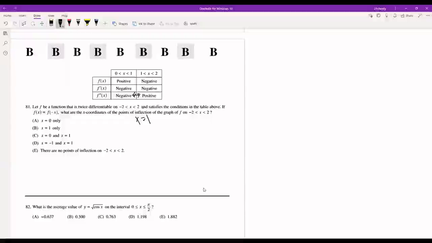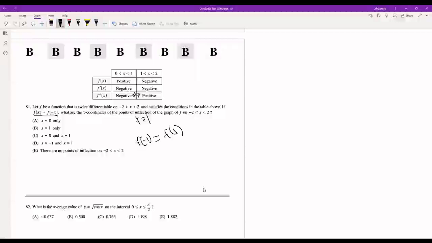But also, this is only on the interval 0 to 2. We also have to worry about negative 2 to 0, that interval. But it gives us this information that f of x equals f of negative x, which means that f of negative 1 equals f of 1, and like f of negative 0.5 equals f of 0.5.